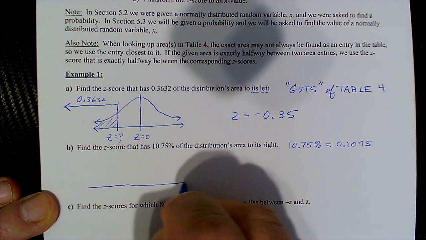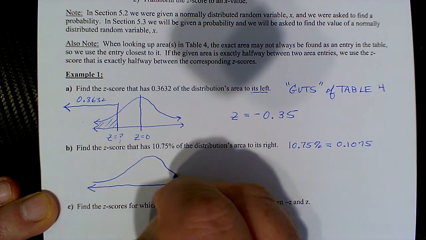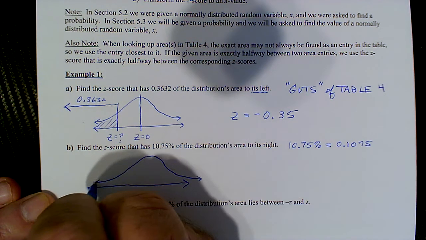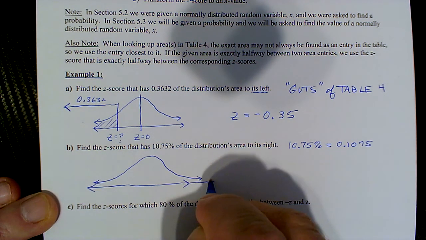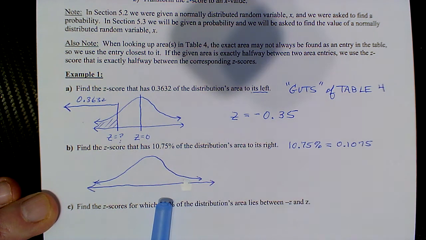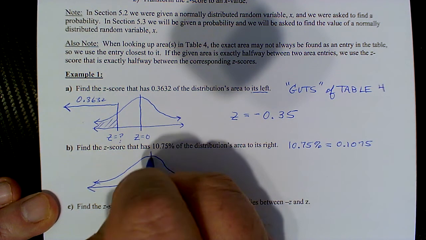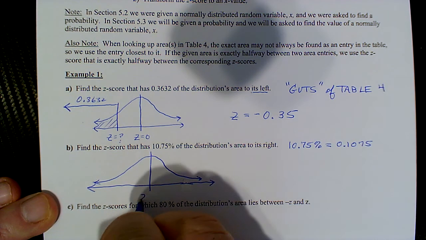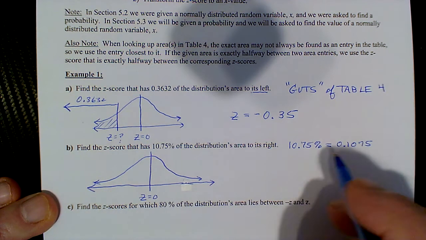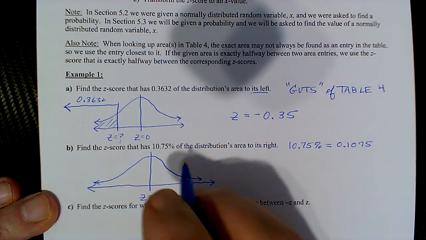So that means in our distribution, you have to think about first off what side of the mean we're on. Well, if around 10% is to the right of this z-score, then that means around 90% is to the left.